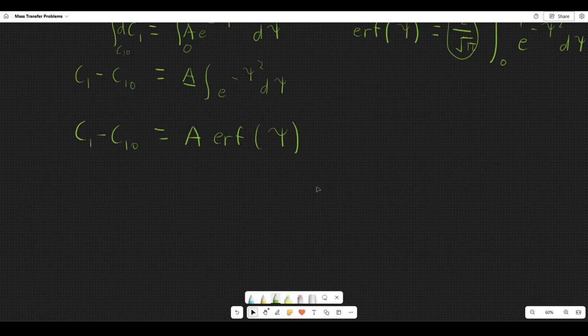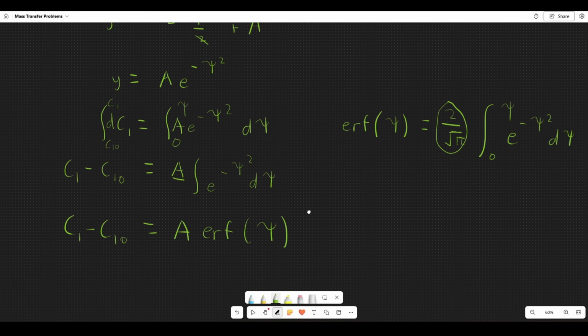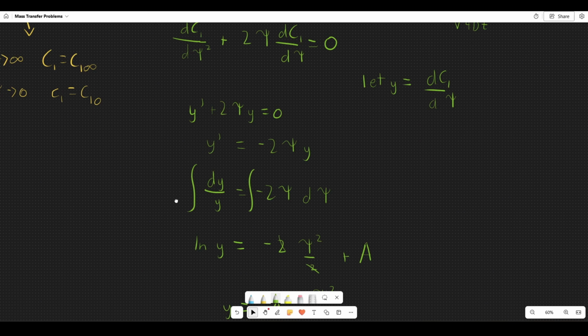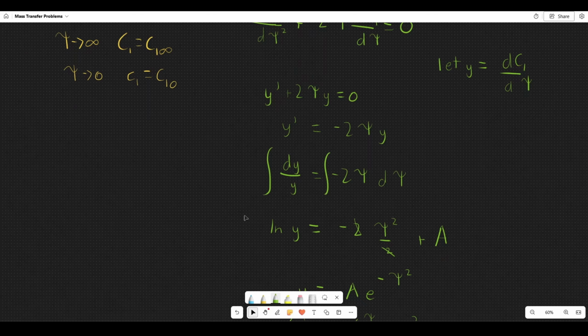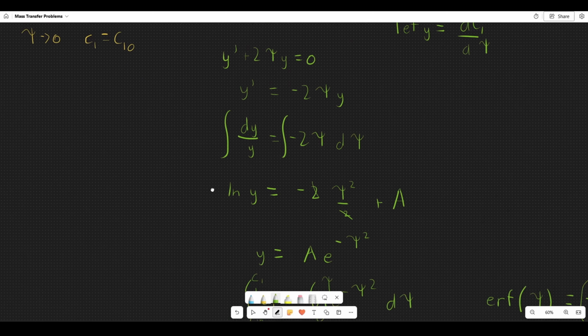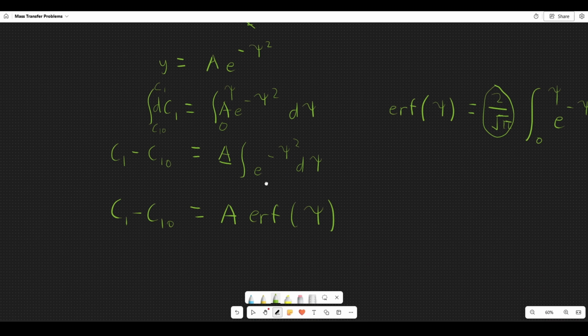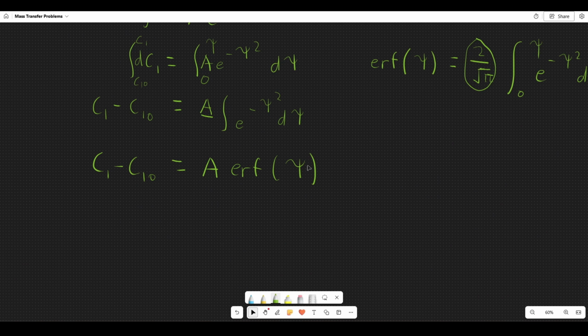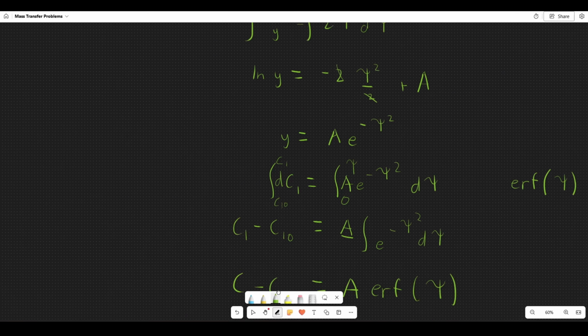All right. So now that we have that, the only thing left is to plug in our boundary conditions. What were our boundary conditions? We had, as psi goes to infinity, c1 equals c1 infinity. As psi goes to 0, c1 equals c1 naught. So if we use the zero boundary condition, what we get is that 0 equals 0.